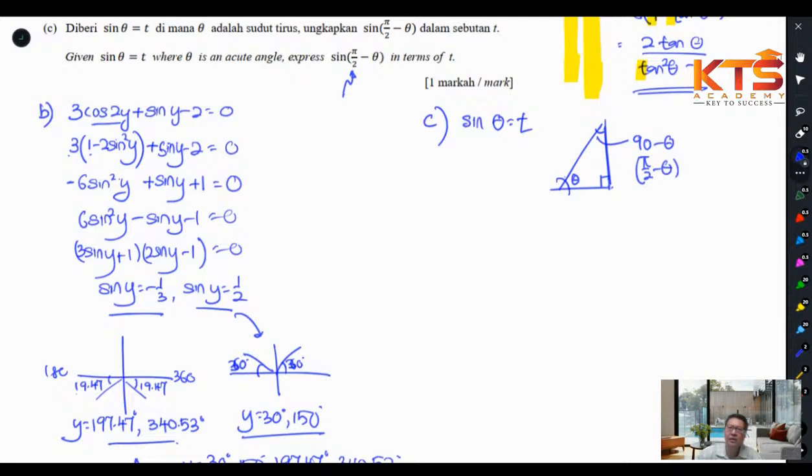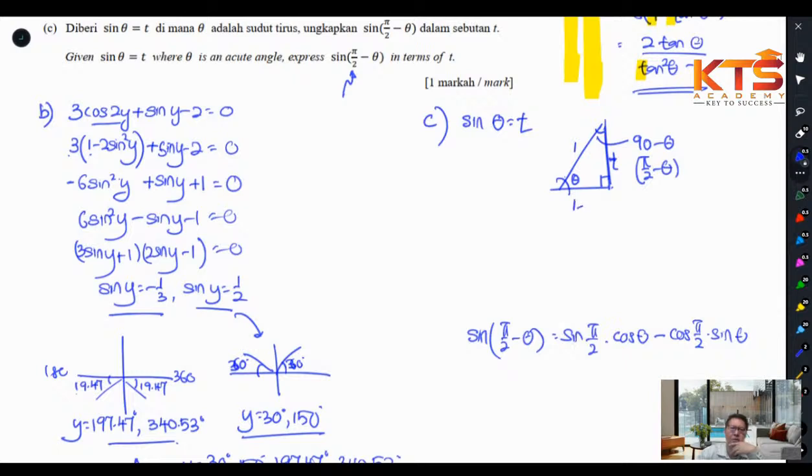Otherwise, I will be using the formula sine pi over 2 minus theta is sine pi over 2 cos theta minus cos pi over 2 sine theta. Okay, so yeah, sine theta is T over 1.